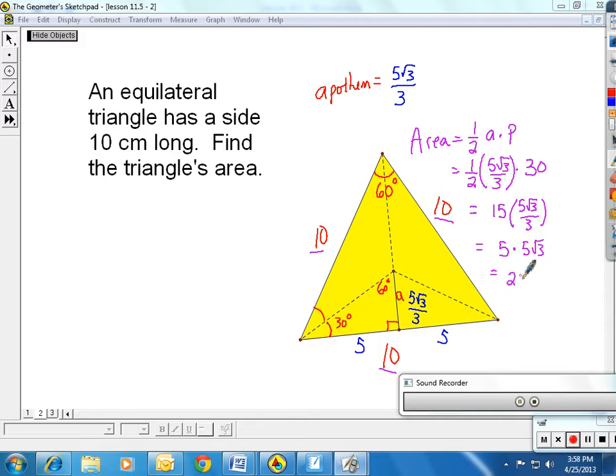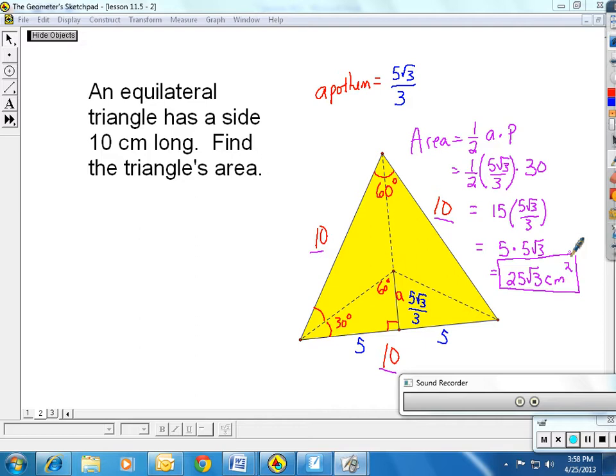This comes out to be 25 root 3 centimeters squared. Here's my final answer. One point of interest is that I only gave you one characteristic of the equilateral triangle.